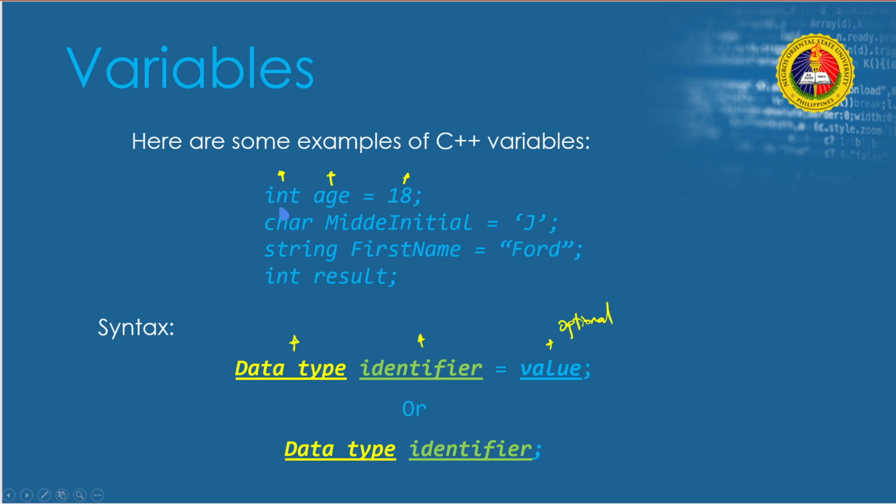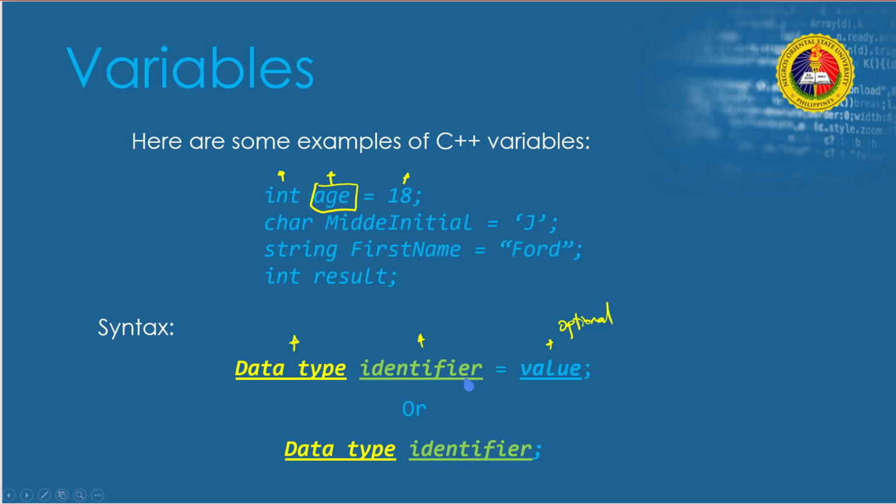Pwede ba natong islan, if ever, ang identifier? Yes, pwede. Because the identifier is something that you will decide ug unsay imong ibutang. However, the data type should always be ug unsay dapat, given na siya. Pero identifier, it is something that you have to decide.